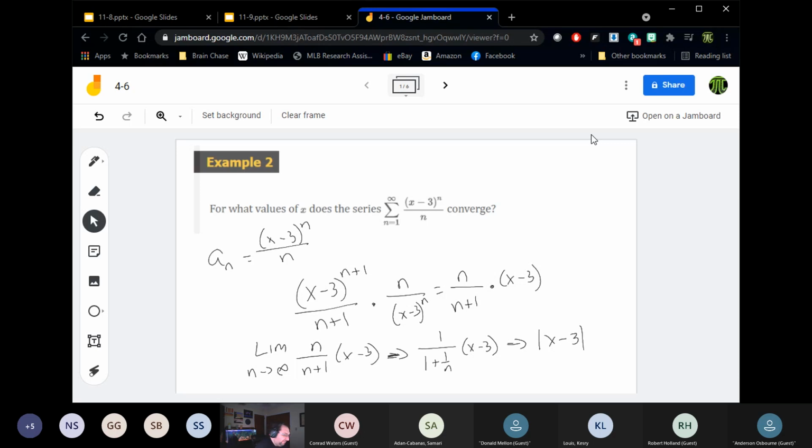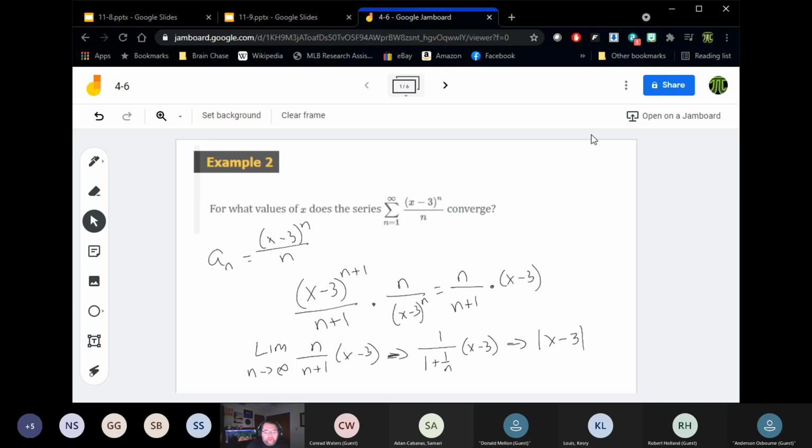So let's actually solve this one out, figure out where it converges and diverges. So we have the absolute value of x minus 3 is less than 1, or x minus 3 is between -1 and 1. So I add 3 to all the sides. So I've got 2 is less than x is less than 4.